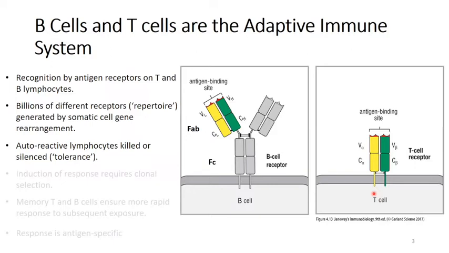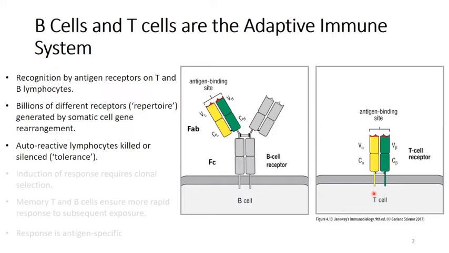Those are receptors that are hardwired into the genome. There's very little scope for them to change, and it's quite easy for a pathogen to evolve away from recognition by the innate system. So the innate system really is only the first line of defense against a pathogen. It's the adaptive system that comes in later that really effects the removal of the pathogen.